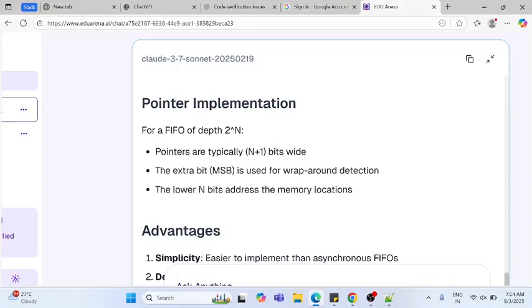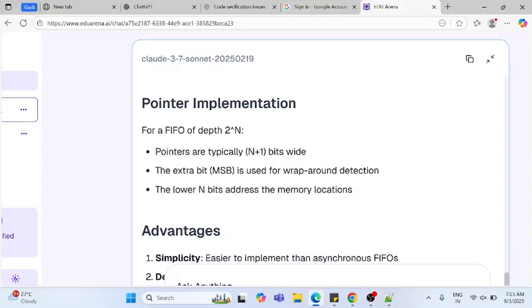If the FIFO depth is 4, then the pointer should be 3 bits or something like that. So if you have 2 power 8 as the FIFO depth, then you have 9 bits as the width of the read pointer. Both read pointer and write pointer should be of the same size.